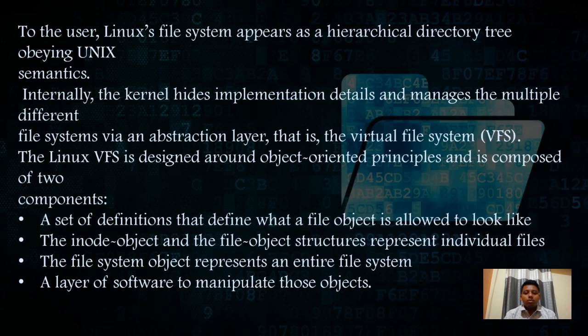The Linux virtual file system is designed around object-oriented principles and is composed of two components: a set of definitions that define what a file object is allowed to look like, with the inode object and file object structures representing individual files, and the file system object, which represents an entire file system, and a layer of software to manipulate those objects.